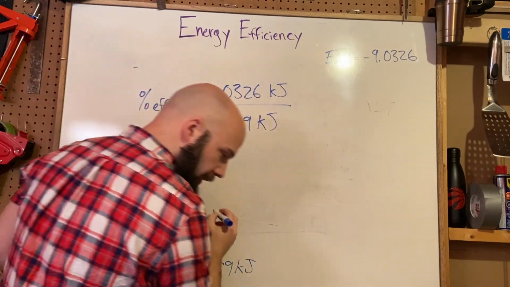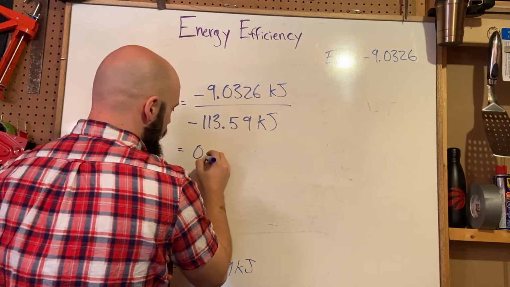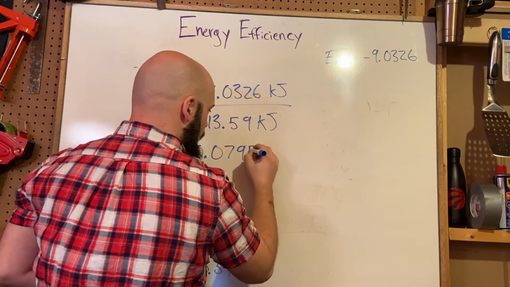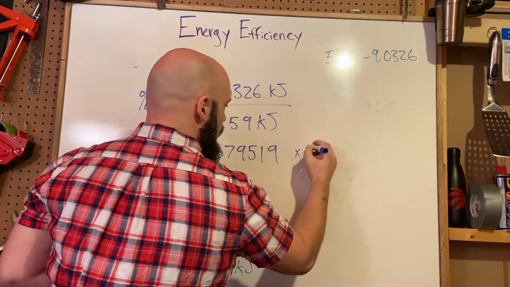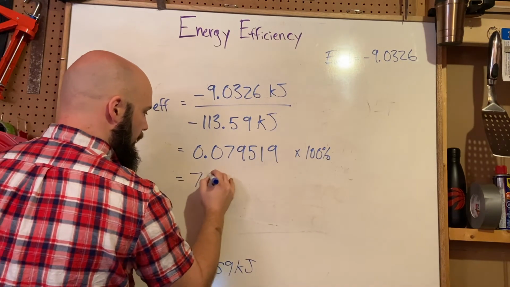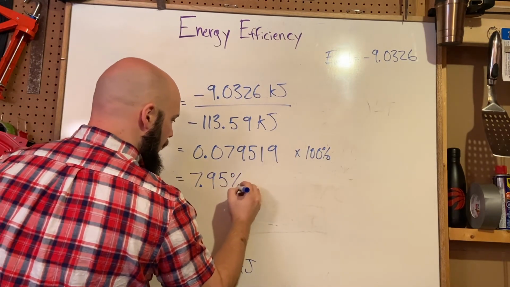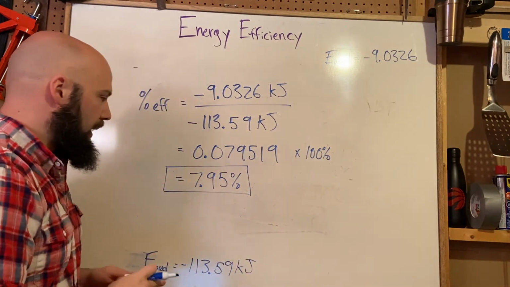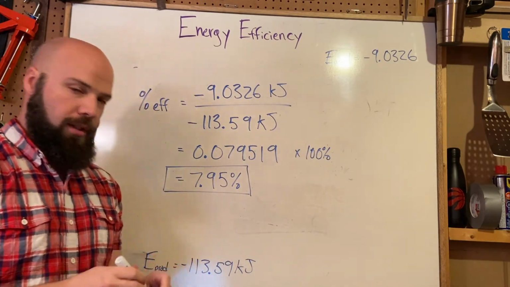This gives you a final value of 0.079519. Times that by 100% and round it to the proper significant figures, and you have that the final energy efficiency in this problem is 7.95%.